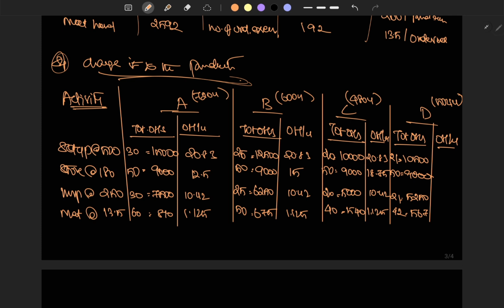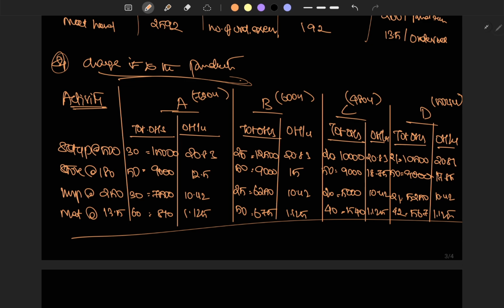For D, 10,500 divided by 504 gives us 20.83. 9,000 divided by 504 gives us 17.85. 5,250 divided by 504 gives us 10.42. 567 divided by 504 gives us 1.125.